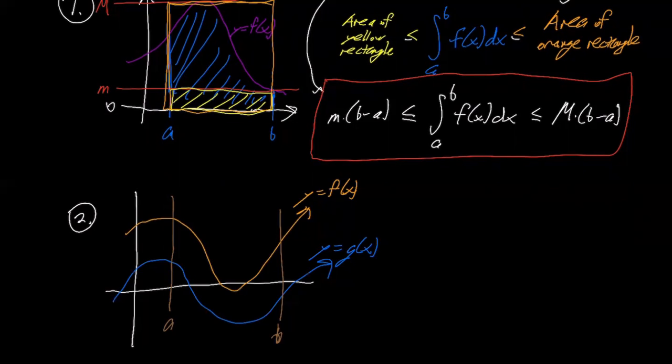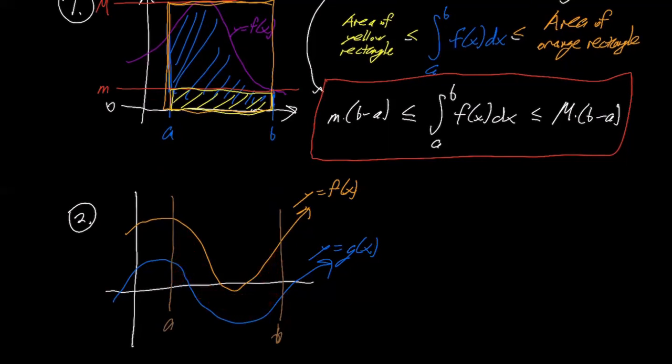Thinking about Riemann sums, thinking about anything with areas, and thinking about signed areas, it's going to be pretty clear that the area under f of x, which has some positive area here, some positive area here, and a little bit of negative area there, is going to be bigger than the area under g of x, which has some positive area there and then a bunch of negative area there.